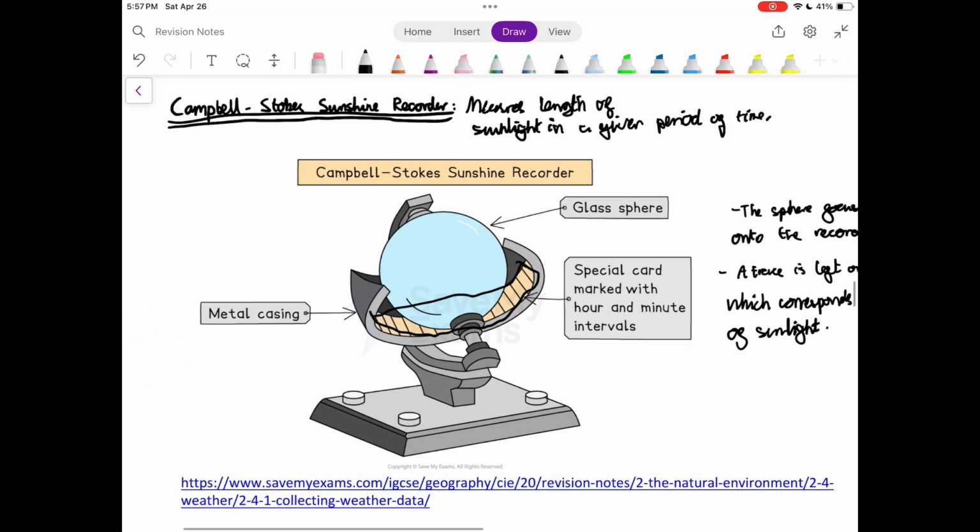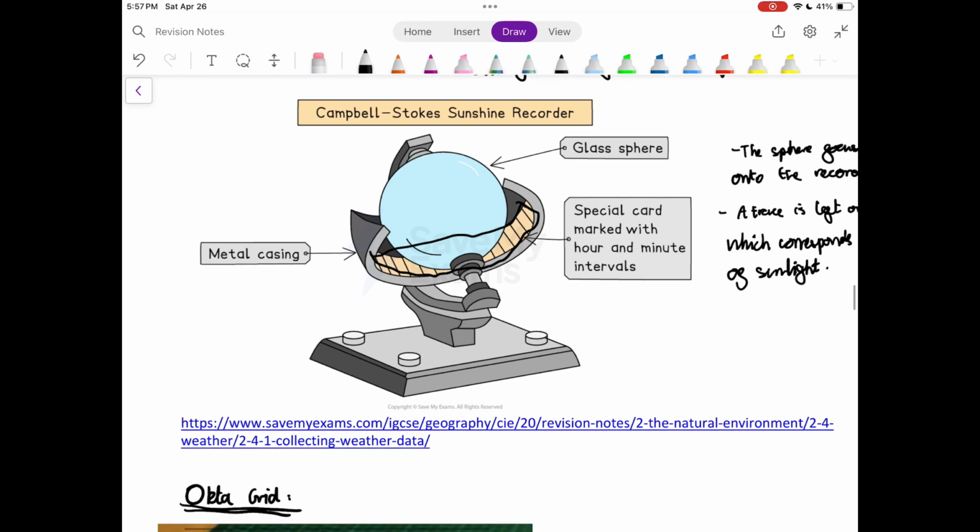Okay, so that is what a Campbell-Stokes sunshine recorder is.